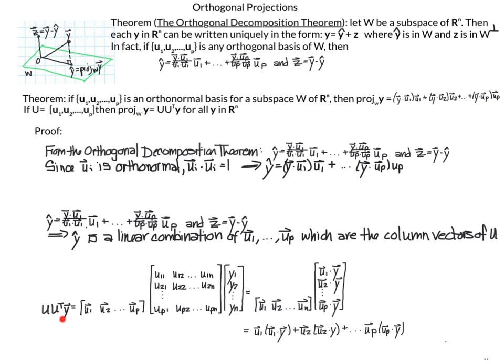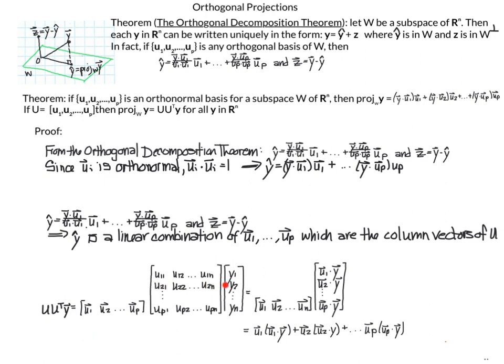So let's look at U transpose Y. U is our column vectors U1, U2, UP. Our orthonormal basis vectors are our column vectors. Then in U transpose, this first row is U1. The first index tells me which basis vector it is from, and the second index tells me which coordinate it is in that basis vector.